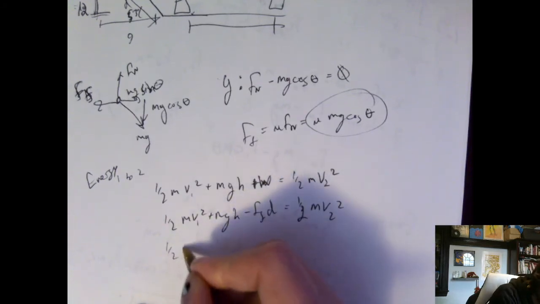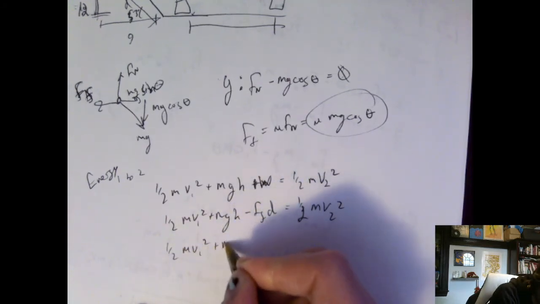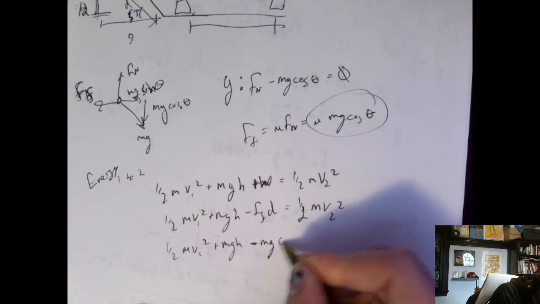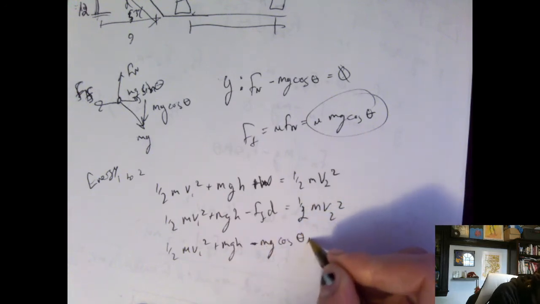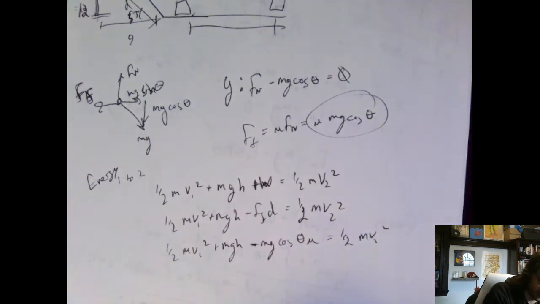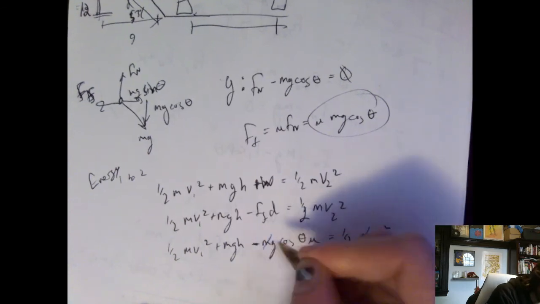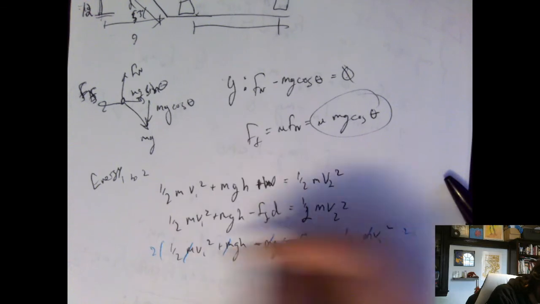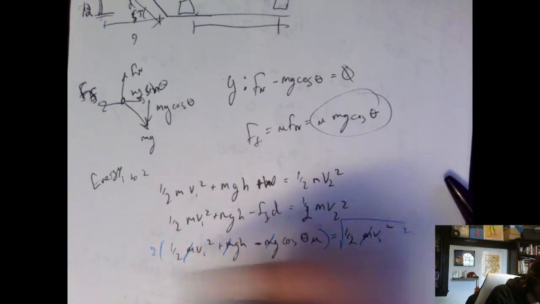Our force of friction was mg cosine theta times mu. That'll equal 1/2 mv2 squared. Thankfully this time every term's got mass in it, so we can just drop those out of there. Multiply each side by 2, and square root.